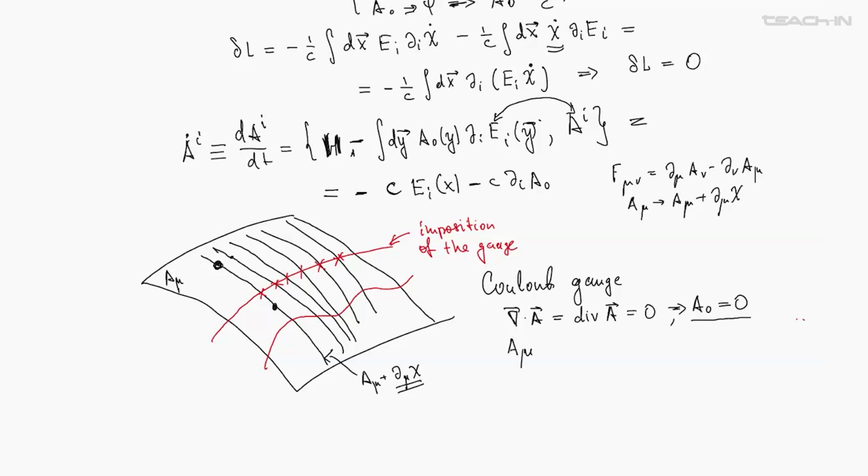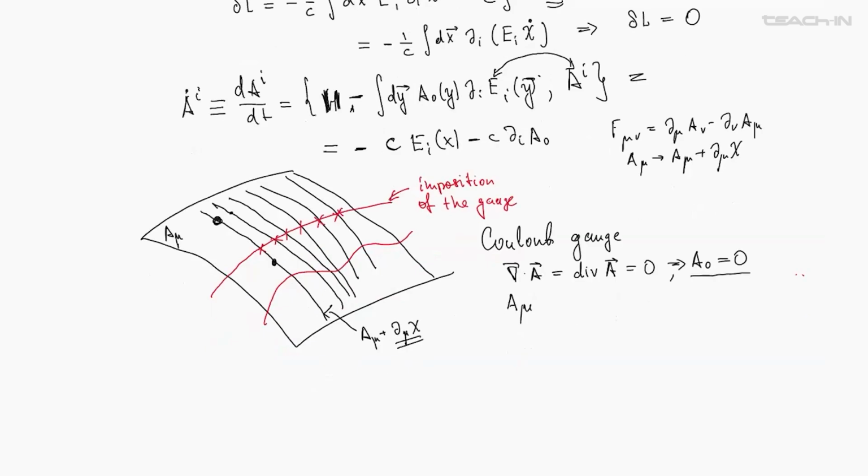Now, continuing a bit with Coulomb gauge, it means that the potential, since A0 is 0, we are left with Ai. Ai can be decomposed into a transverse part and a longitudinal part.